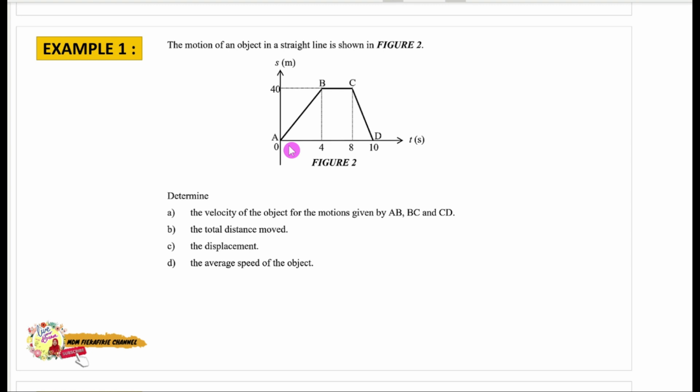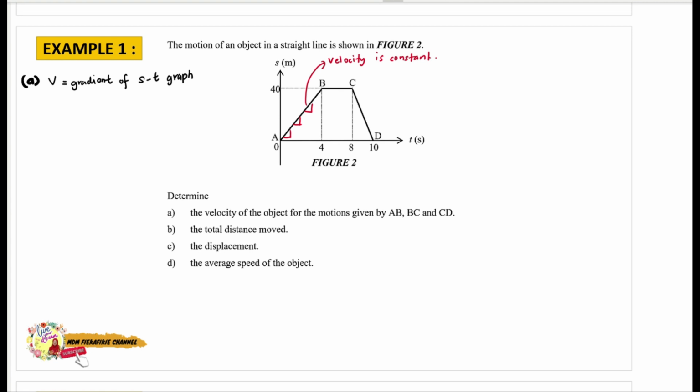So we can calculate the gradient of the graph. You can see that the gradient from A to B is constant. When the gradient is constant from A to B, that means the velocity from A to B is constant. Therefore, velocity of an ST graph can be calculated by calculating the gradient of the ST graph.